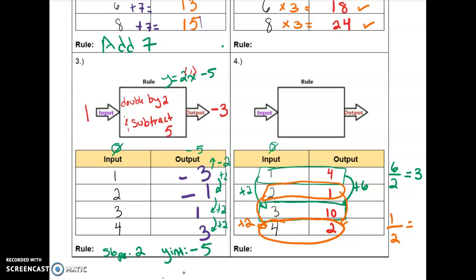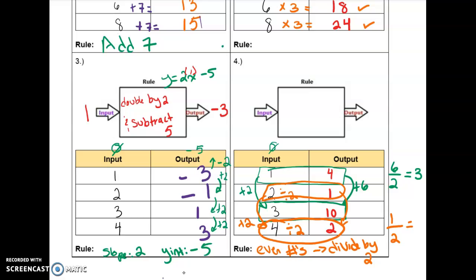Okay, so I'm taking half of the number. So it looks like for the even numbers, I take half of it. So all I'm doing for the even numbers is dividing by 2, or cutting in half, essentially, because if I cut something in half, it'll give me half of that.